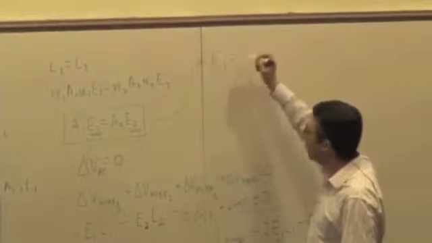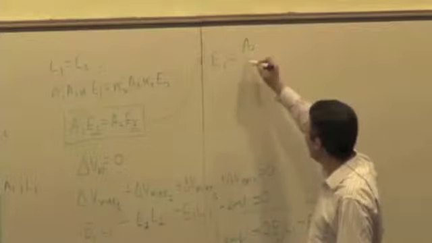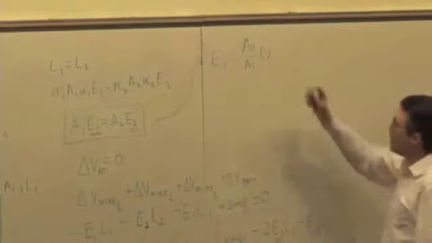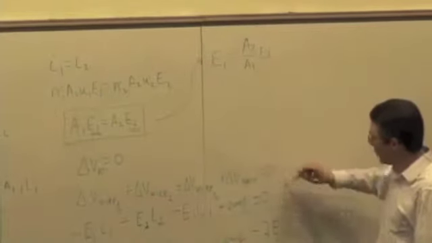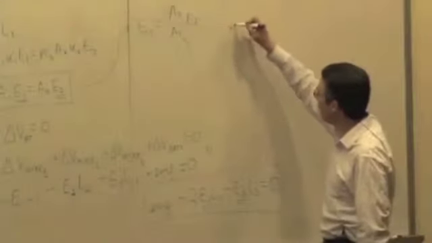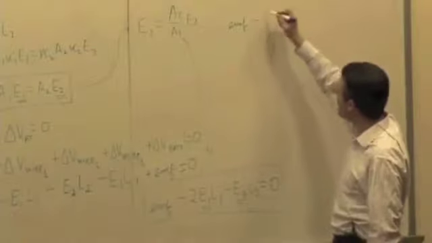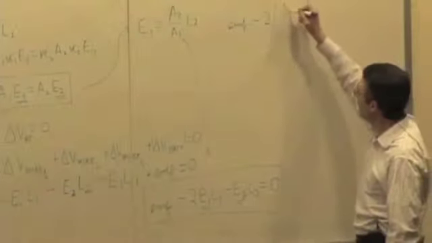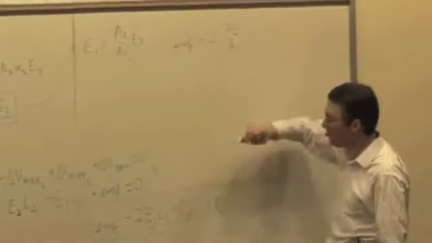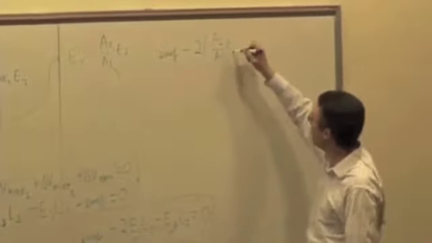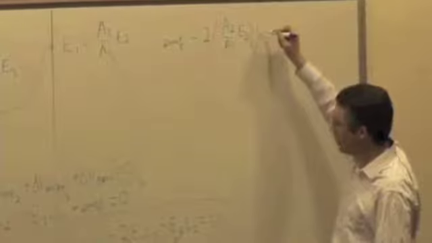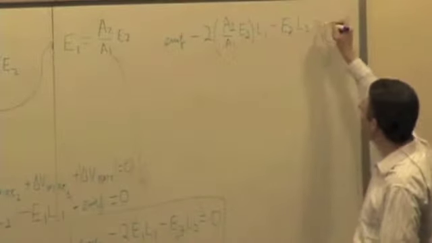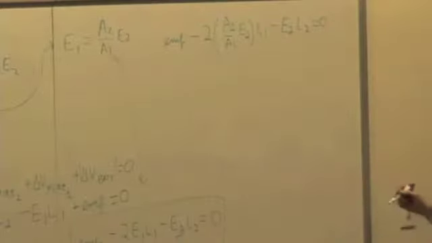solve for E1. So it gives me A2 over A1 times E2. And then I'm just going to plug the result into equation number 2, right? So I'm going to have the EMF minus 2 times this result, A2 over A1 times E2, all times L1, minus E2 L2, and that's equal to 0.